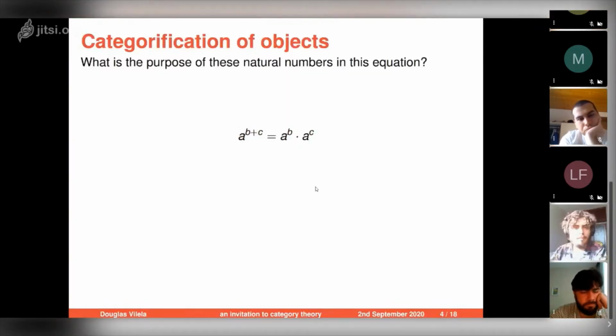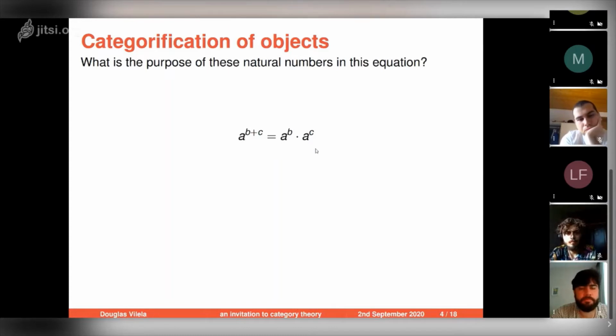And the idea of this process is to transform some set theoretical expressions or results into categorical results. So to do that, one could think that what we are going to do is the abstraction, in some sense, of some kind of result, in this case, this identity.